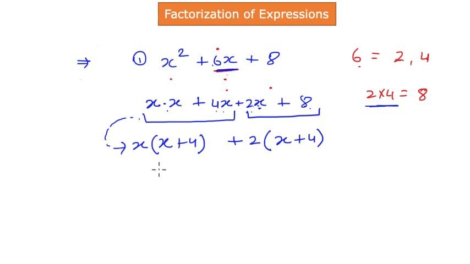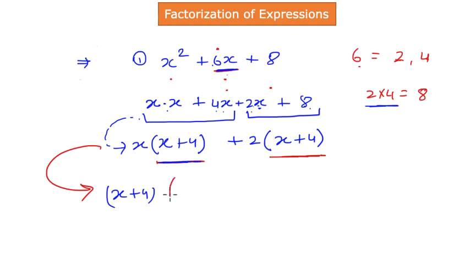Now you see that I have this factor x plus 4 that is common between these two products, right? So if we do this reverse distributive law one more time, you could rewrite this expression such that x plus 4 goes outside the parenthesis, and what remains inside the parenthesis is x from the term 1, right? And 2 from here.